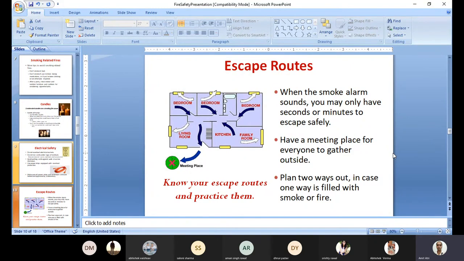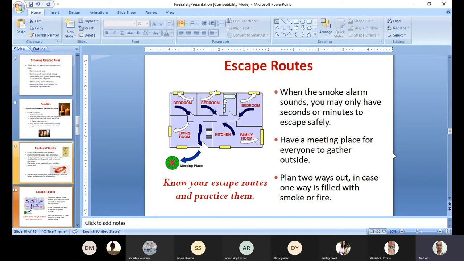So you have to plan. You have to take all of these considerations while making the layout of a building. From where can the people escape? So an escape route should be there, and a meeting place should be there.